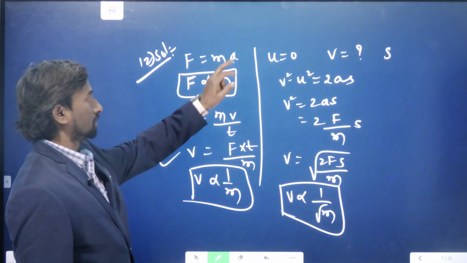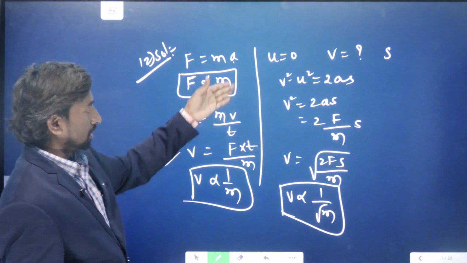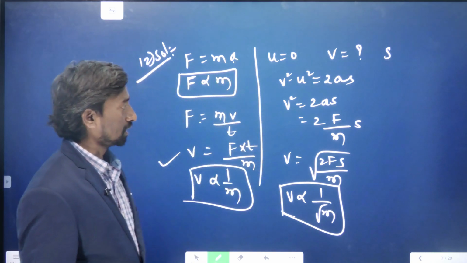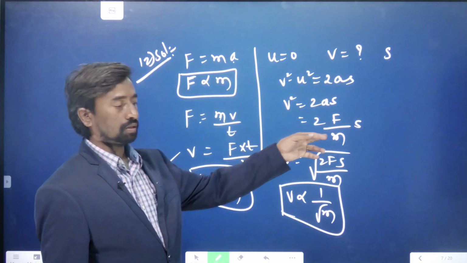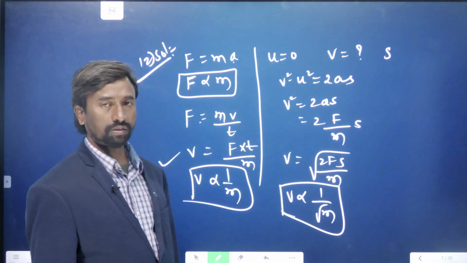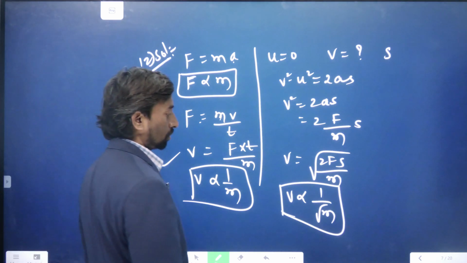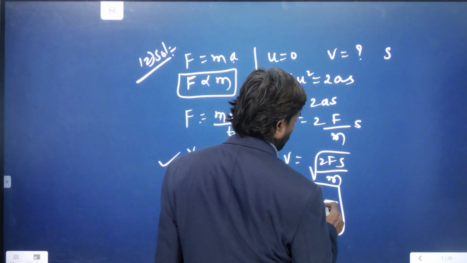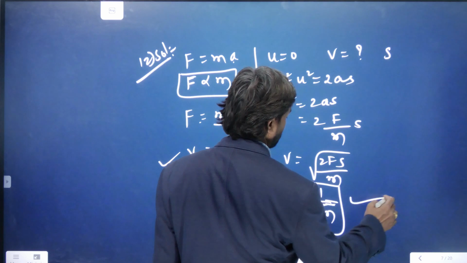So if it moves a certain displacement with constant force, the final velocity of the body is inversely proportional to the square root of mass, 1 by root m. So this is the correct answer.